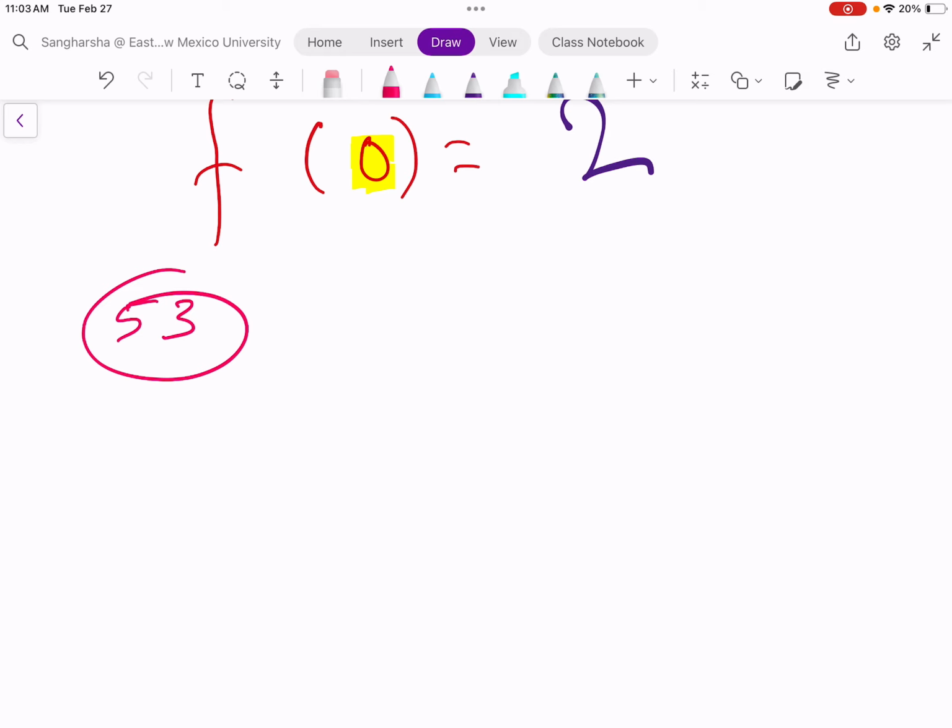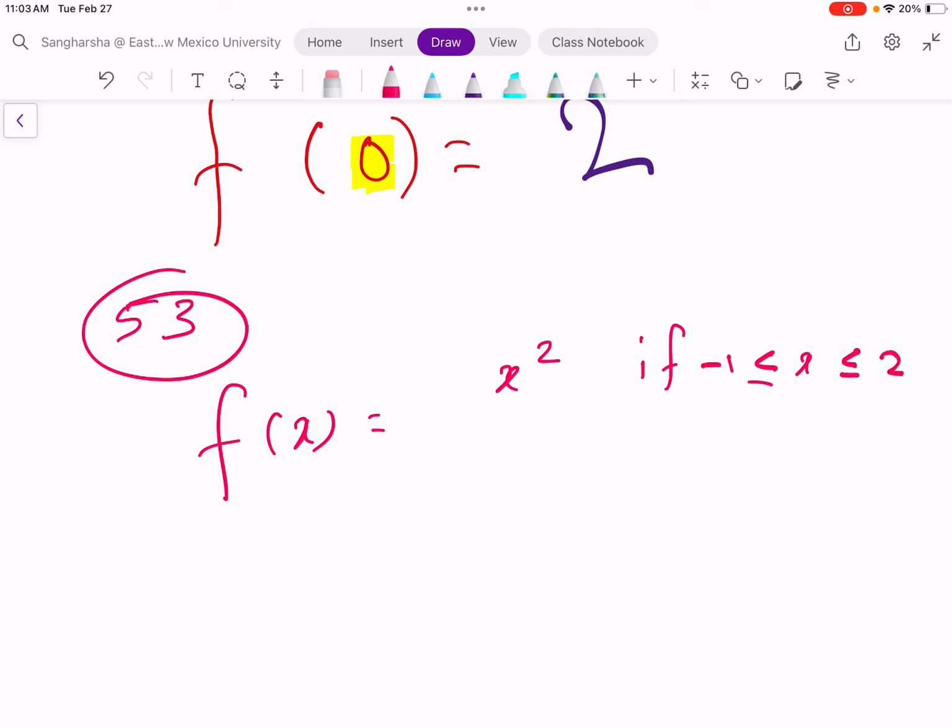So here we have a piecewise function f of x equals x squared if x is greater than or equal to -1 and less than or equal to 2.